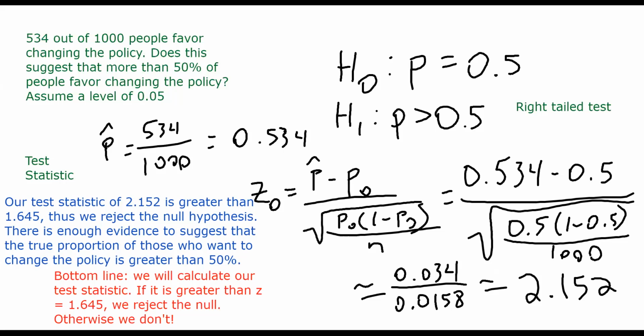That is what we are rolling with. So we just ran a hypothesis test for a proportion. It was a right-tailed test.